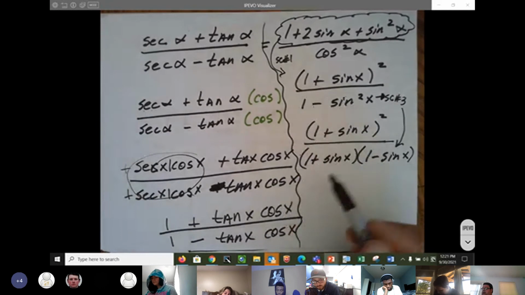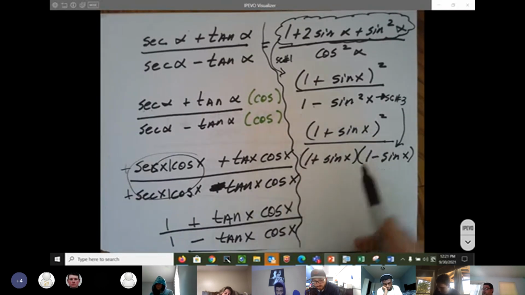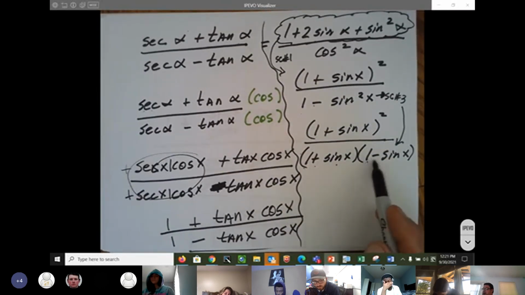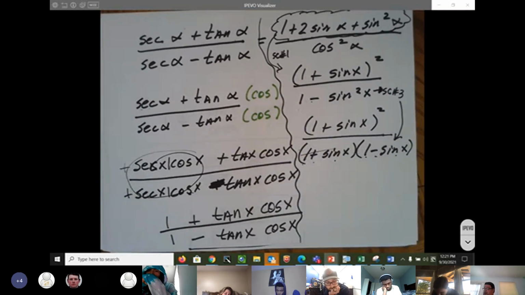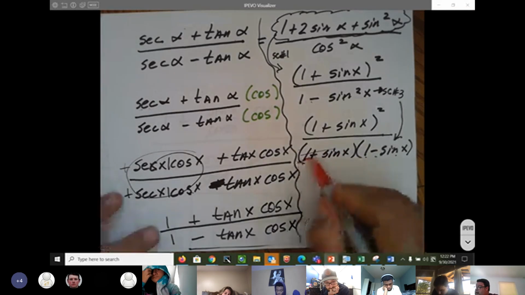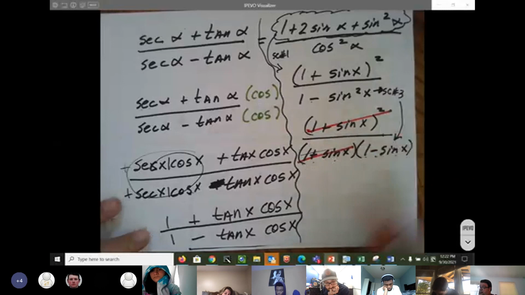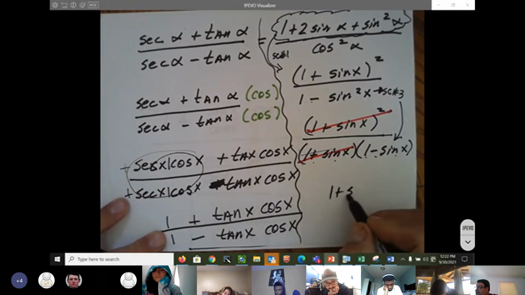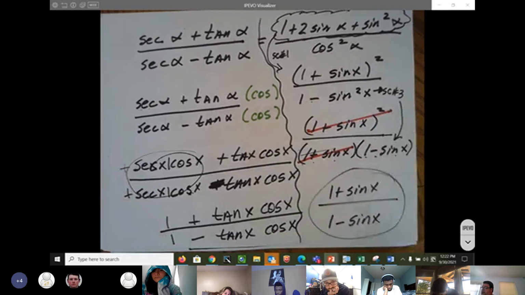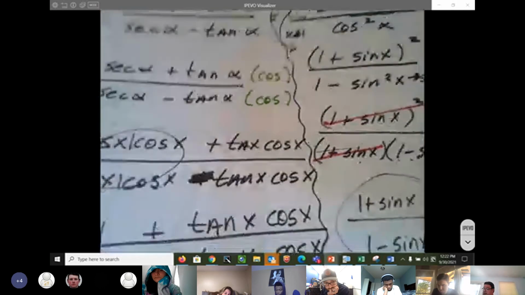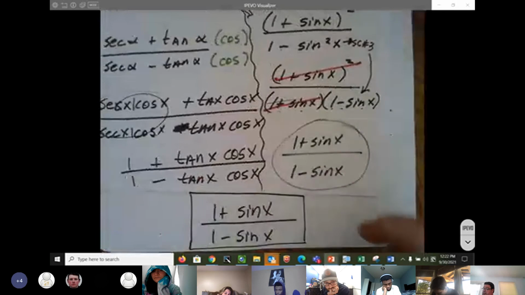A squared minus B squared is equal to A plus B times A minus B. And look what happens to one of these. What happens to one of those 1 plus sine x? They cancel. And you're left with, look here, 1 plus sine of x over 1 minus what?